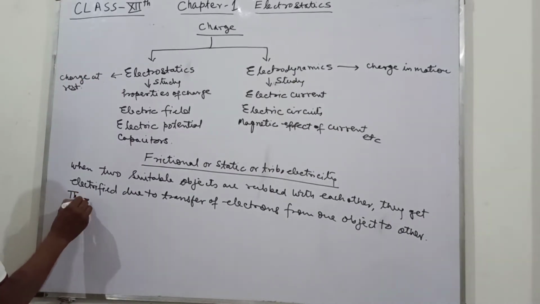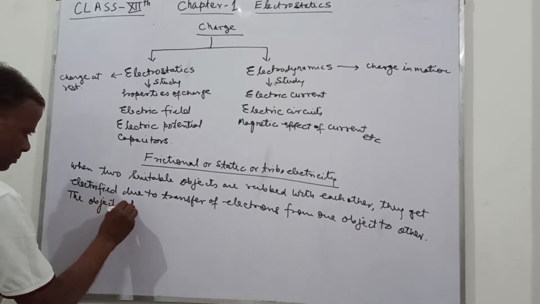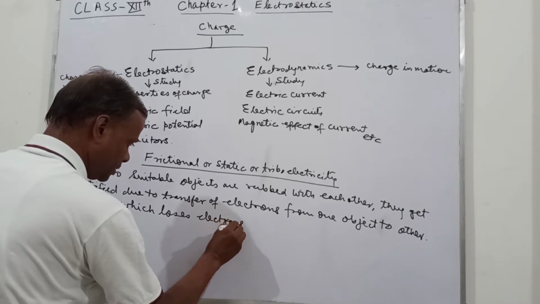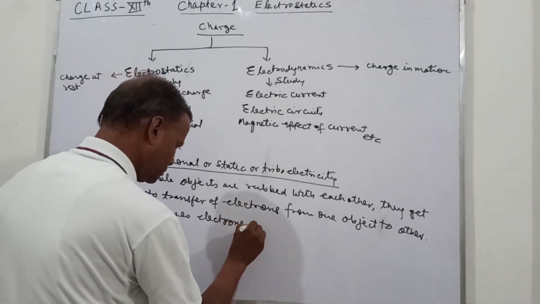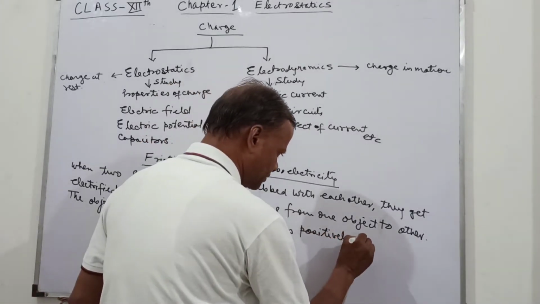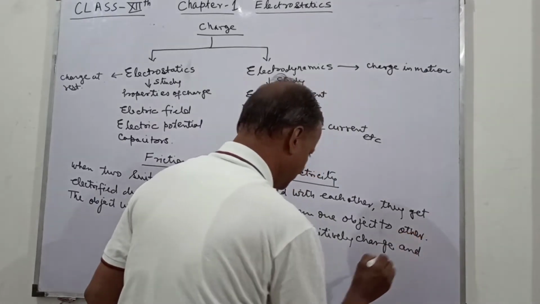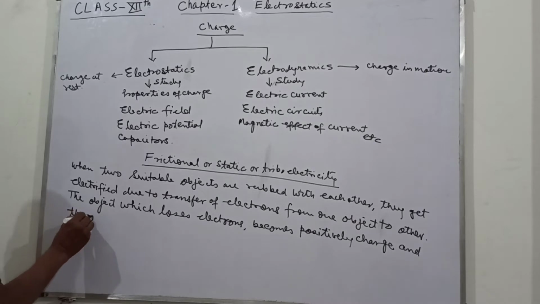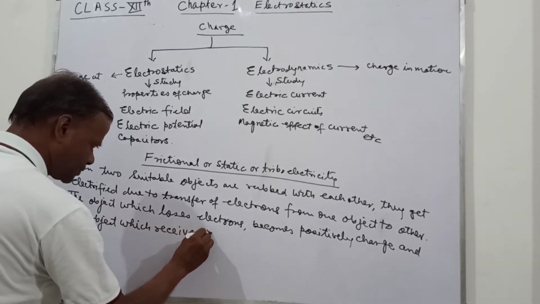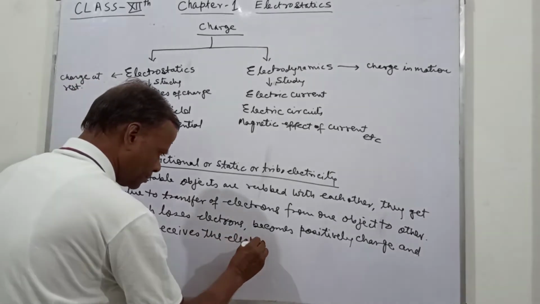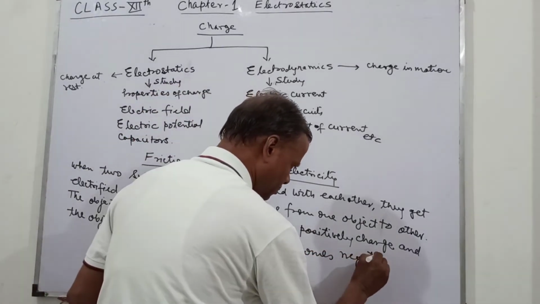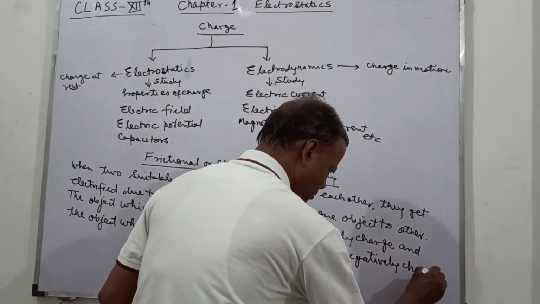The object which loses electrons becomes positively charged, and the object which receives the electrons becomes negatively charged.